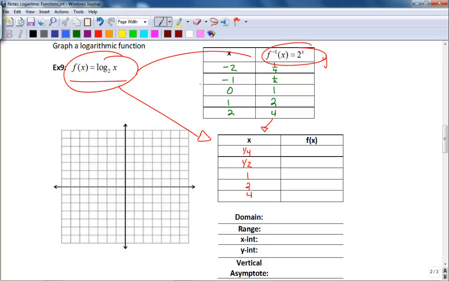And then these values that were the x's for 2 to the x will become the y's for my log base 2 of x: -2, -1, 0, 1, and 2. Remember, inverse functions swap that x and y.